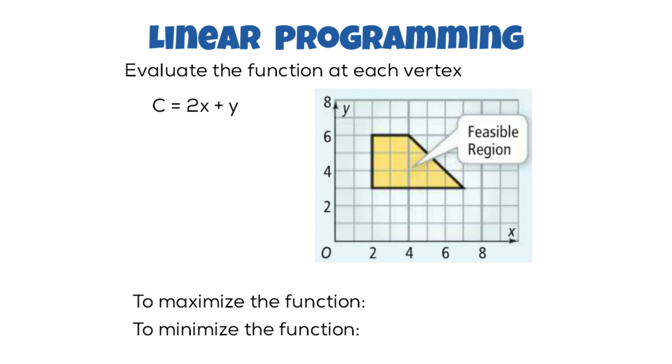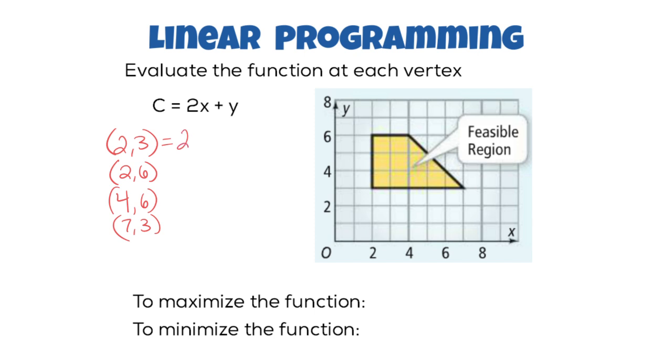So I'm going to list the vertices of my feasible region. So I see that I have a 2, 3. I have a 2, 6, 4, 6, and 7, 3. You list out all the vertices, and then what you're going to do is plug them into your objective function.